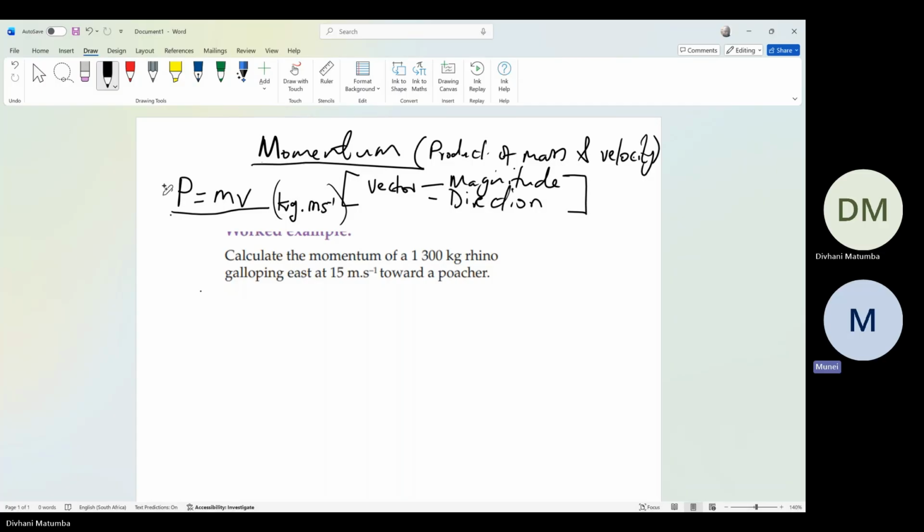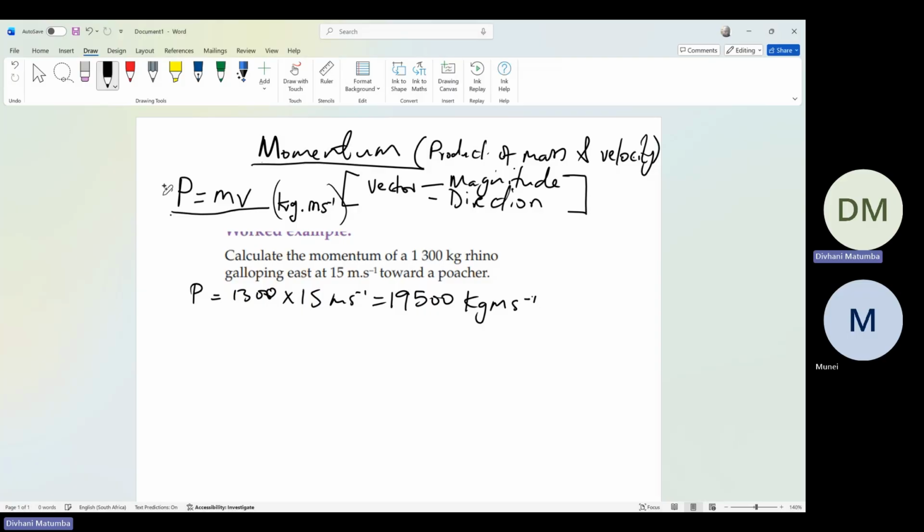I got 19,500 kg meters per second. 1,300 times 15 meters per second, which gave you 19,500. Okay, perfect. Kg meters per second.